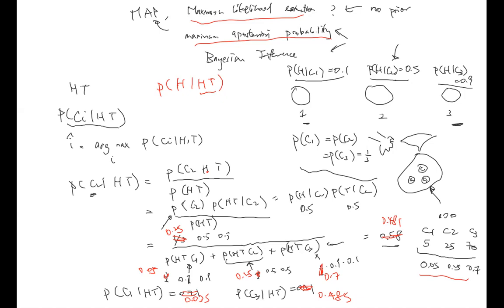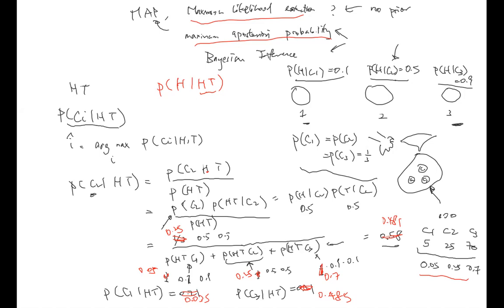Now, if I'm doing maximum likelihood or MAP estimation, what I'm going to do is first estimate which coin I actually picked from the bag.